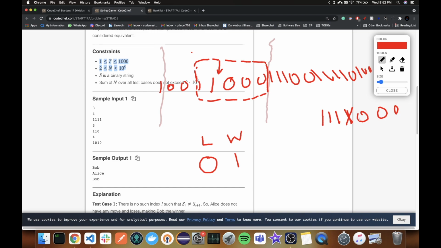If I keep doing so, what I can do is, whatever one player removes, the other player responds. So the first player removes this, and the second player will remove maybe this. Okay, that was a very bad example.